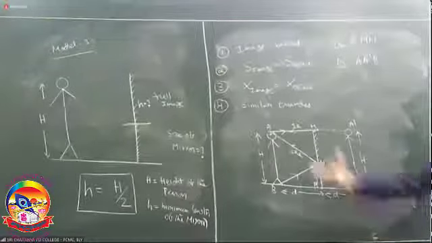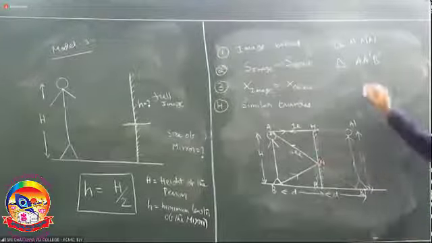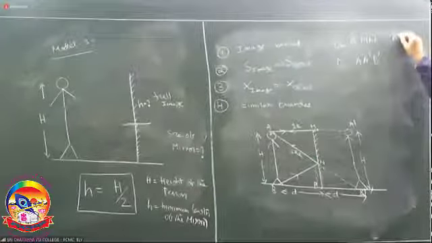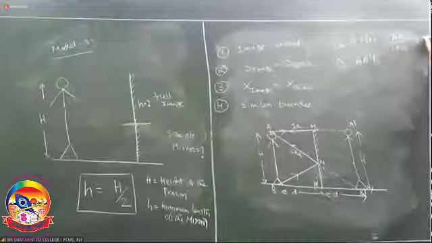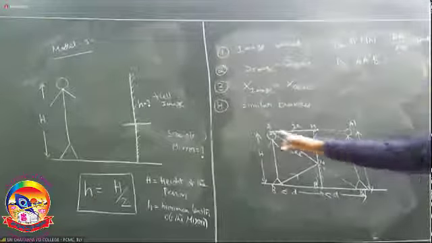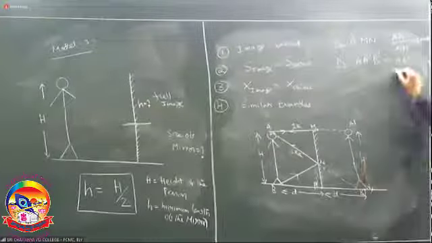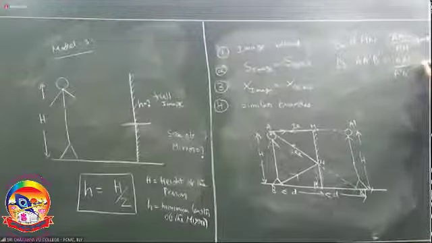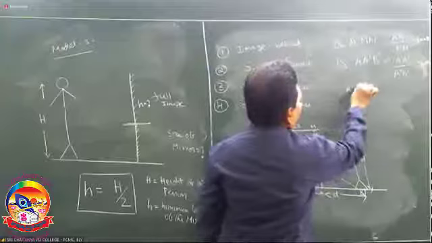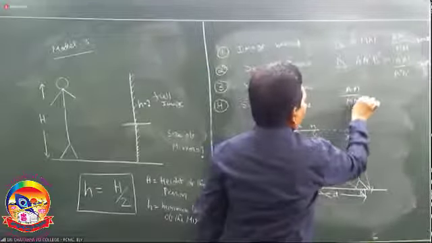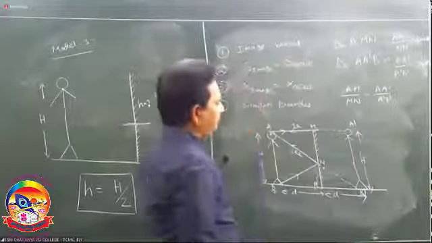Tan theta means what side by what side? Opposite by adjacent. Opposite AM by adjacent MN is tan theta. Here also the same: opposite AA dash by adjacent A dash B dash is equal to tan theta. So AM by MN is equal to AA dash by A dash B dash.